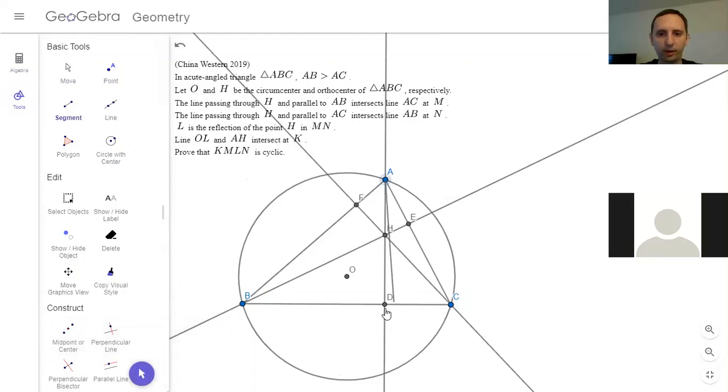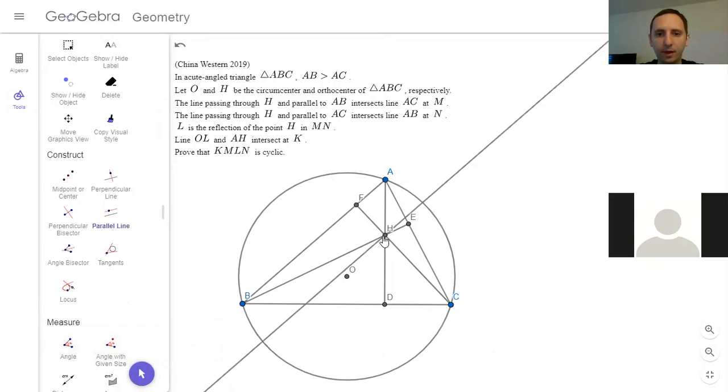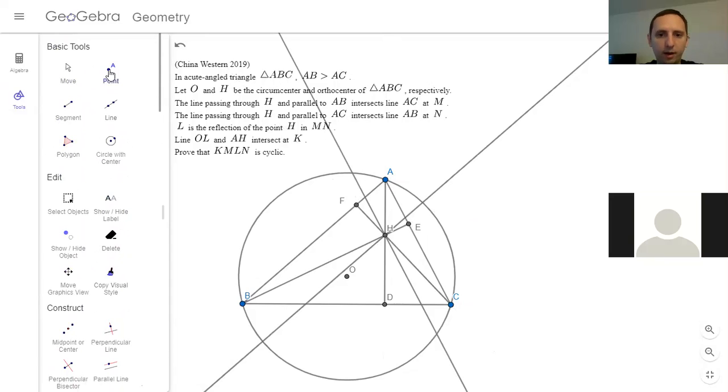Let's erase some of the excess. The line passing through H parallel to AB intersects AC at M, and the similar line intersects AB at N. I'm going to cheat a little with the point labels, and delete the points I just added just to get the letters right.